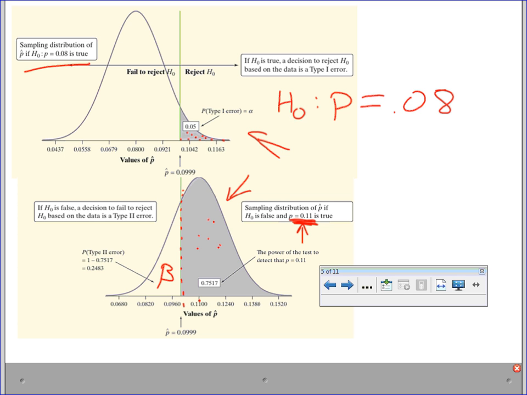So any values in here is going to be beta, because any value from here over, based on our original test, we would reject the null, which means that there's a chance, which is all of this area right here, that we would fail to reject the null hypothesis, even though now we know that it is actually false.